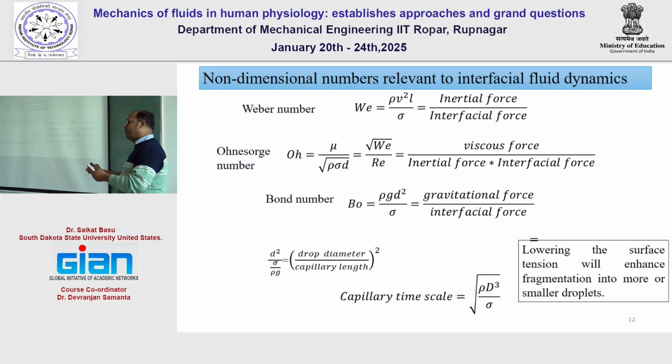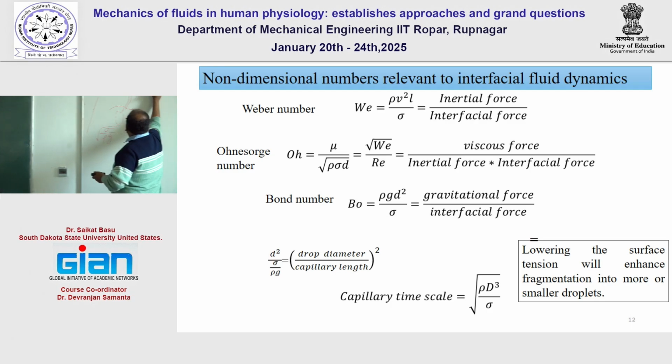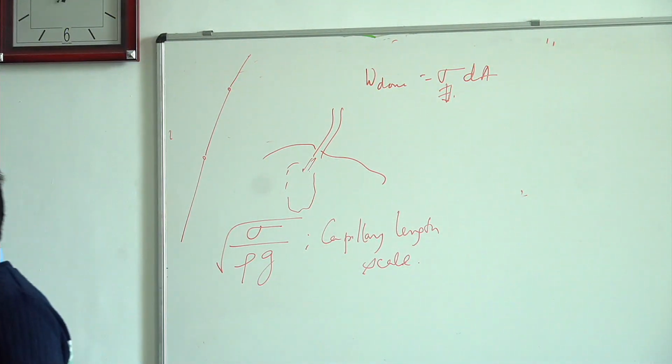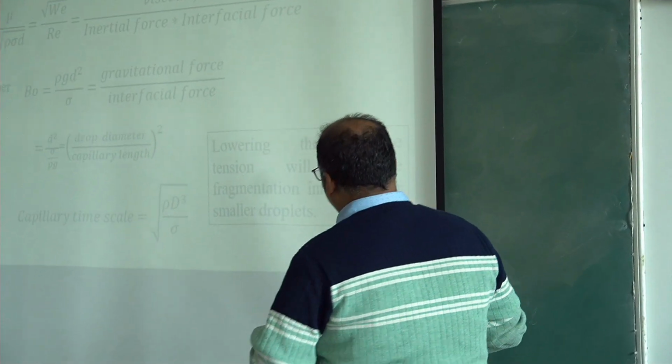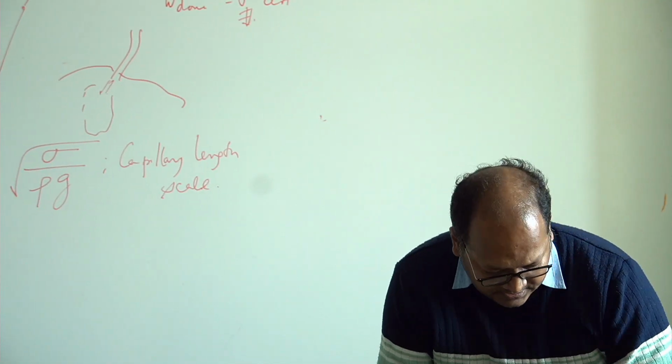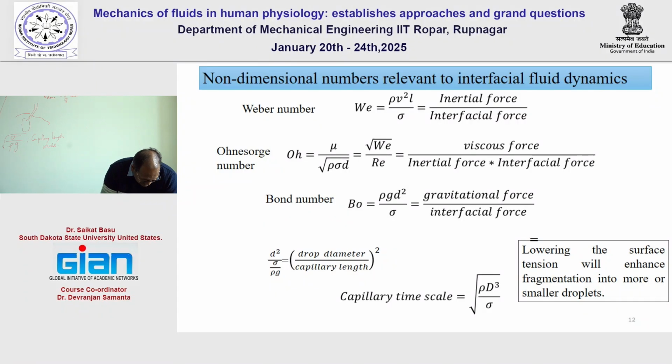If you want to expand the interfacial area, the work required is sigma into dA. So if we reduce the sigma, the work required is less. That's why, if we add surfactants, it will break up more easily and release smaller droplets.